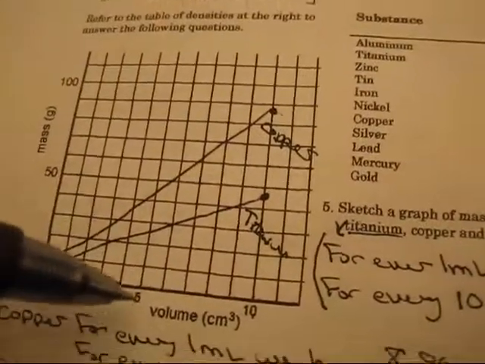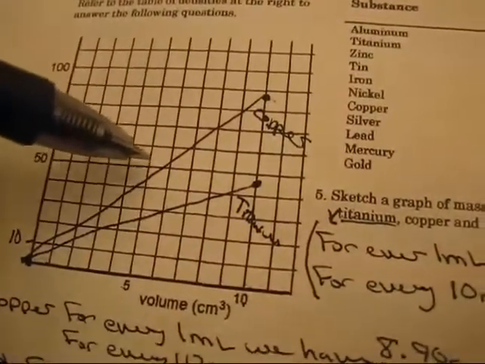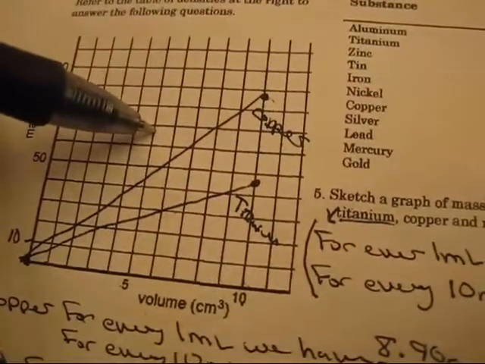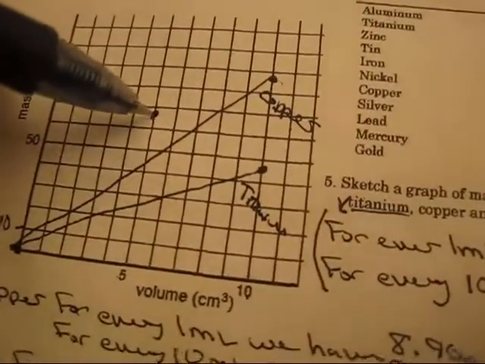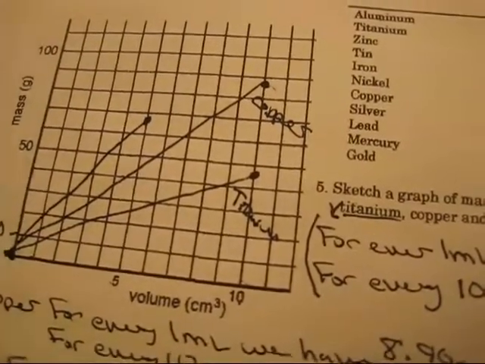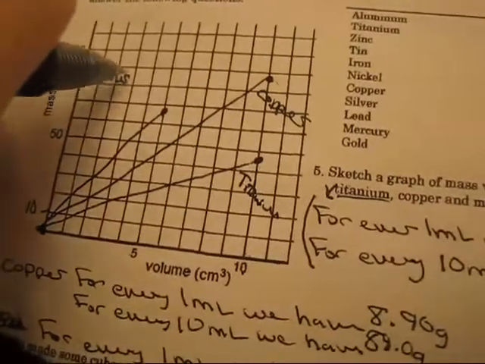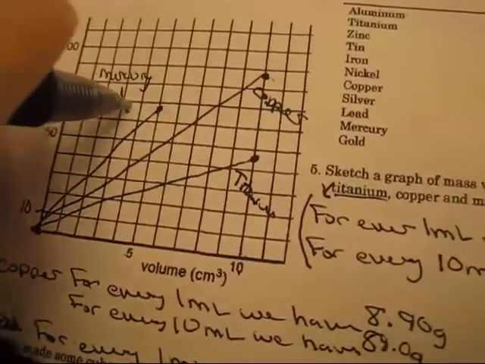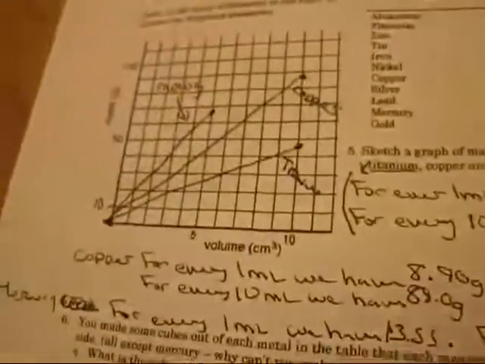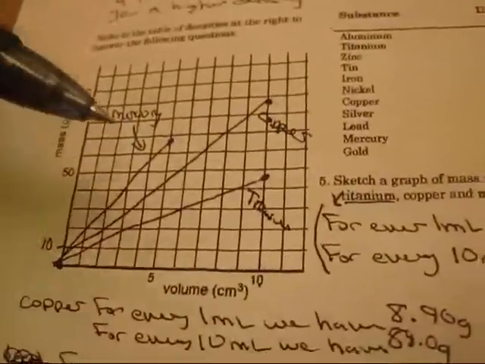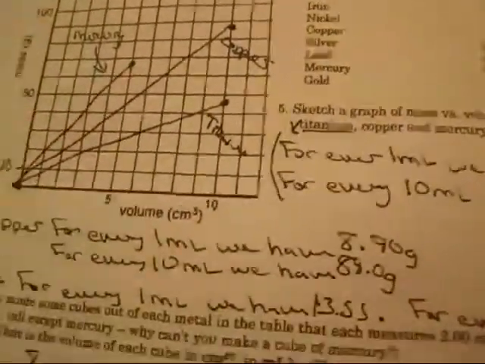So at my 5 milliliter mark, it is 50, 60, 67, which would be about right here. So this would be my mercury line right there. And that's all there is to graphing using densities and for every statements.